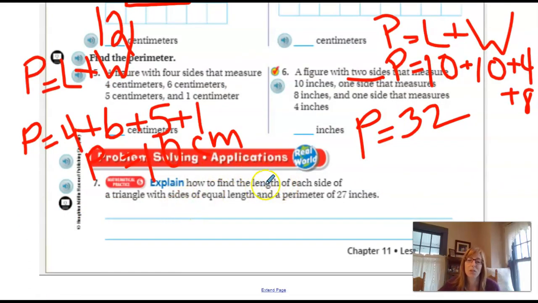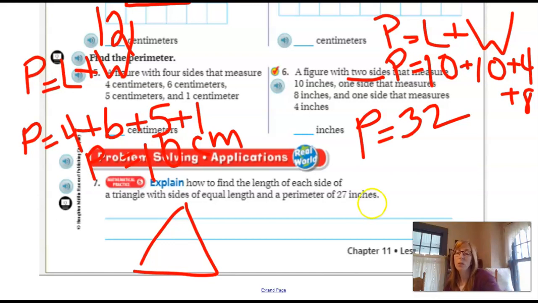Explain how to find the length of each side of a triangle with sides of equal lengths and a perimeter of 27. Oh, okay, so we have a triangle that has equal lengths. What kind of triangle would that be? It has a very special name. You are correct, equilateral.